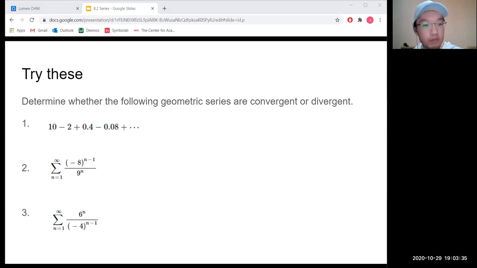Remember to get it in the form of a geometric series, and then you should have the answer.